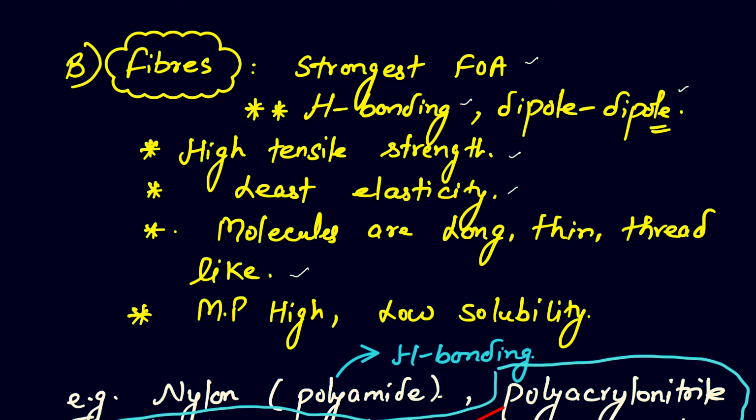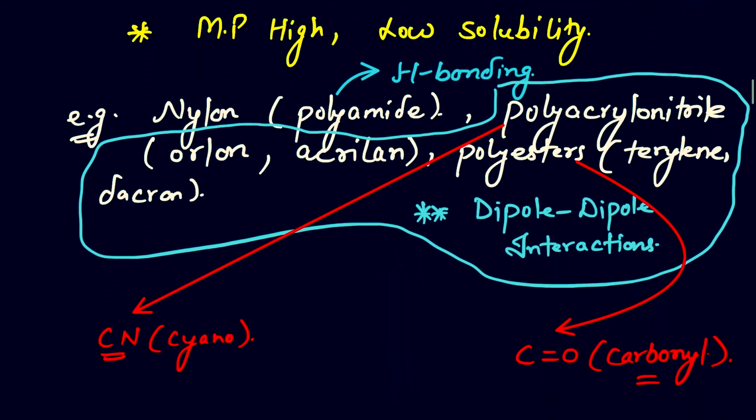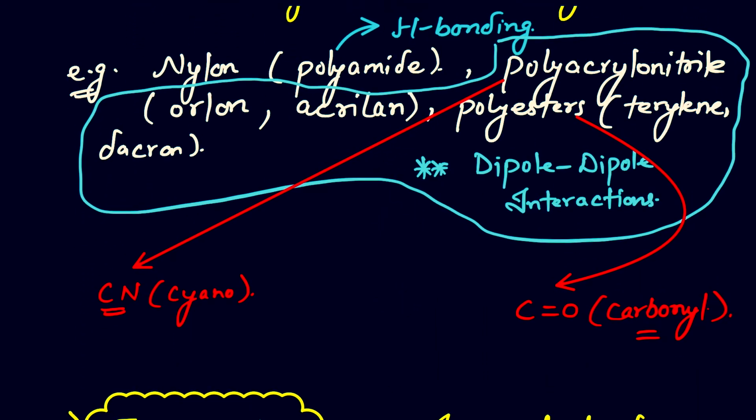So these are some important points regarding fibers. They are mostly used to make fabric. Examples are many, like nylon, which is basically a polyamide. There is hydrogen bonding present in nylon. Next is the polyacrylonitrile, also named as Orlon or acrylon.